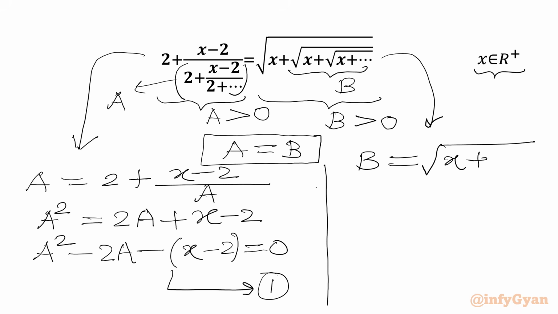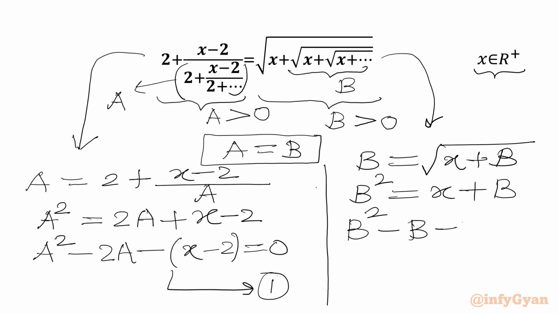So we will write x plus B. After squaring both sides, we will get B square equal to x plus B, or we can write our second quadratic equation in B: B square minus B minus x equal to 0. Equation number 2. Now we have to solve both the equations one by one.